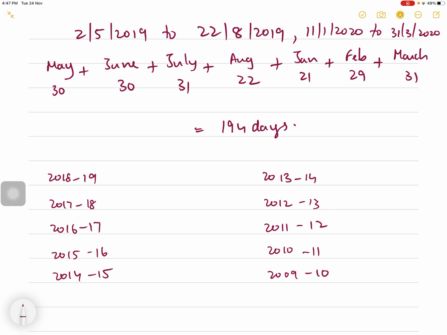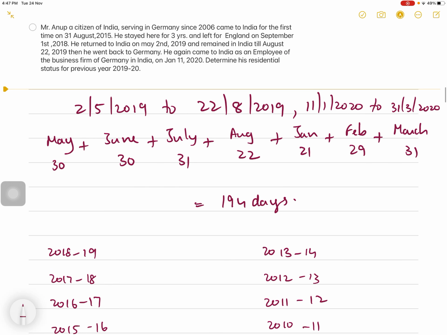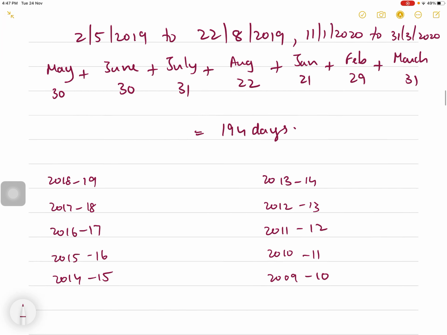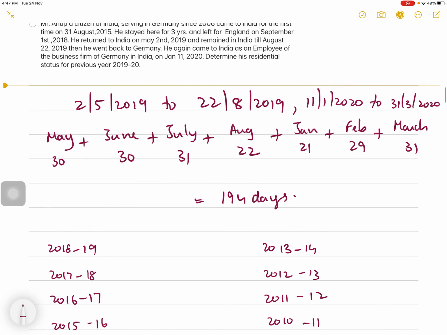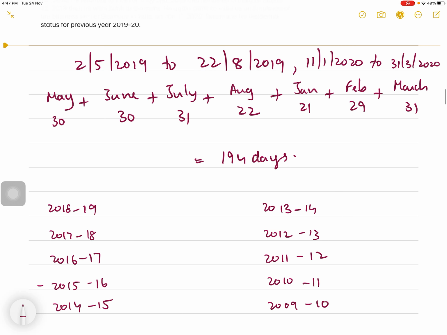So these are the 10 years preceding the previous year. And he came to India on 31st August 2015, right? So before that he was never in India. So in these years he was there only for 0 days.